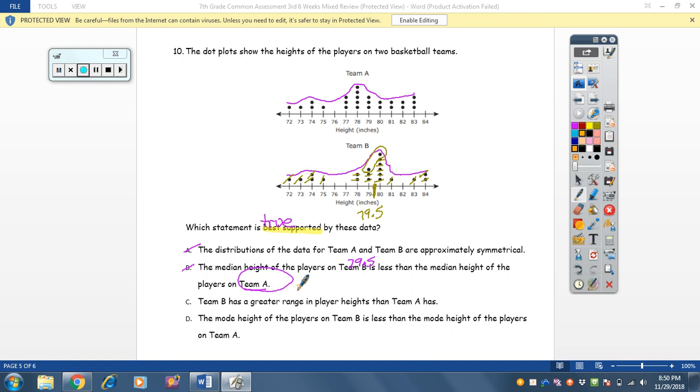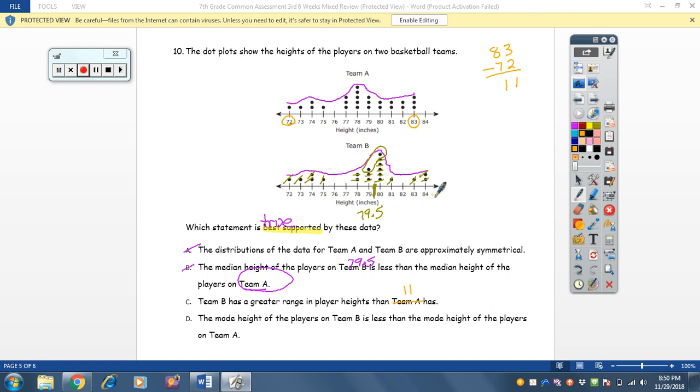C says Team B has a greater range in players' heights than Team A has. So to find your range, you're going to subtract the greatest number with dots minus the least number with dots. So the range for Team A is 11.